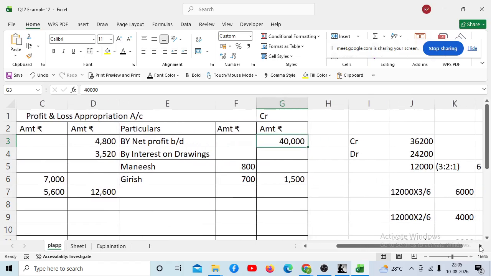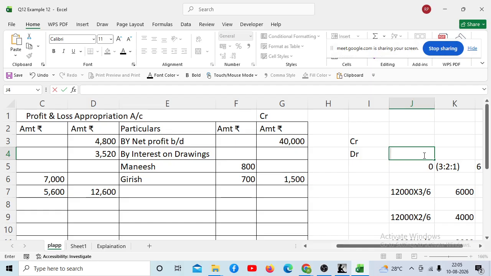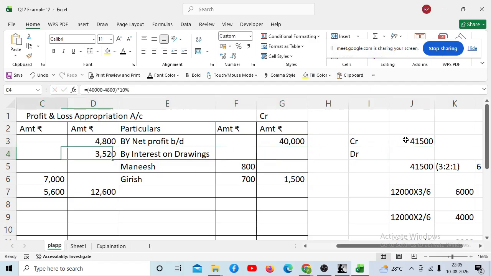Now we will do the balancing part. Tell me what is the total of the credit side. 41,500. Now let us check the total of the debit side.